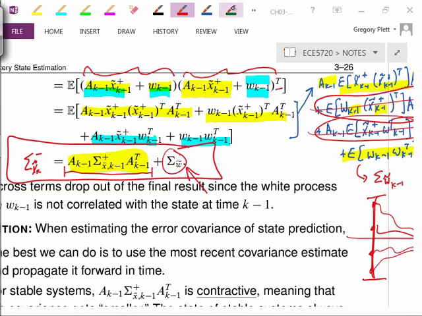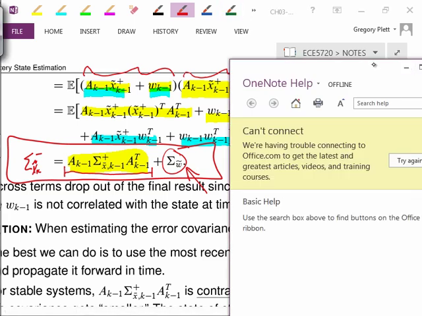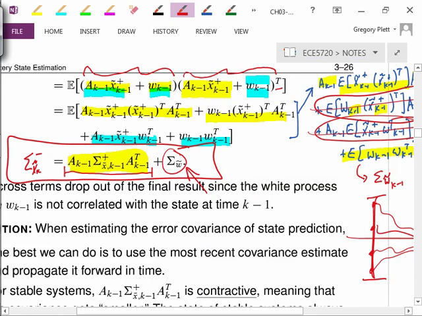So overall, for us, this term is driving uncertainty down or staying the same versus time. This term is driving uncertainty up, and there can be a steady state solution that balances things out, and we'll think about that a little bit more in the future.